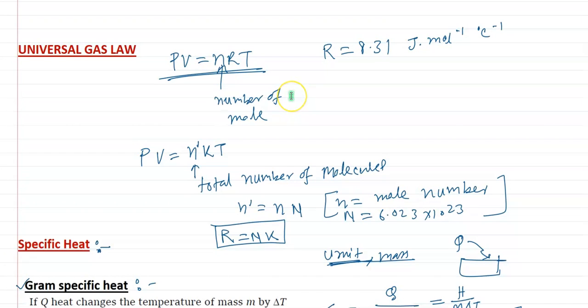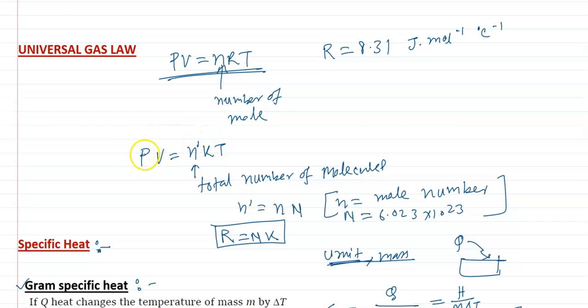If we combine all these laws, then we get a universal gas law where all the parameters are variable: PV equals nRT. R is the universal gas constant, 8.31, and n is the number of moles. This is the universal gas law.